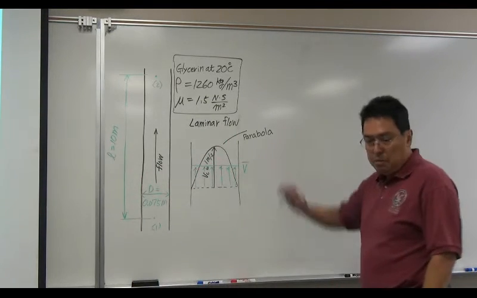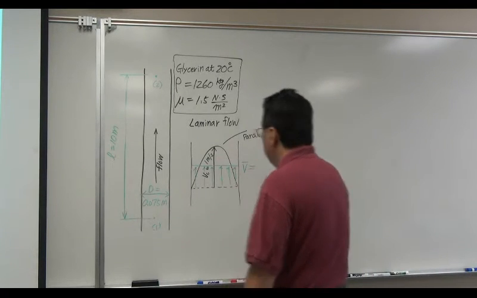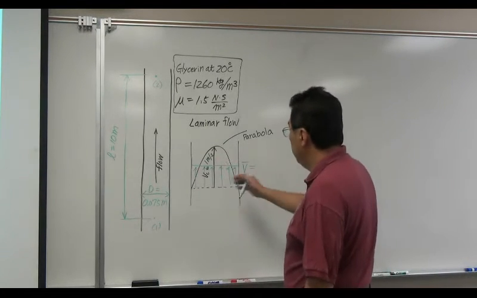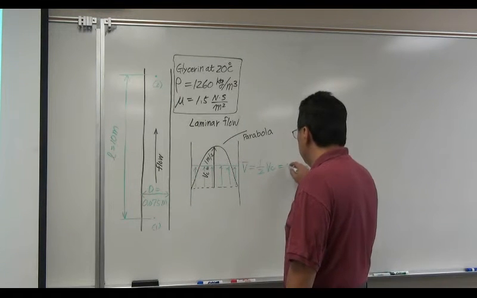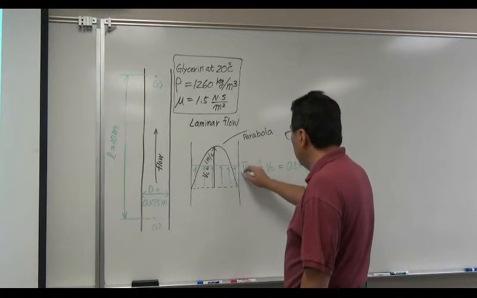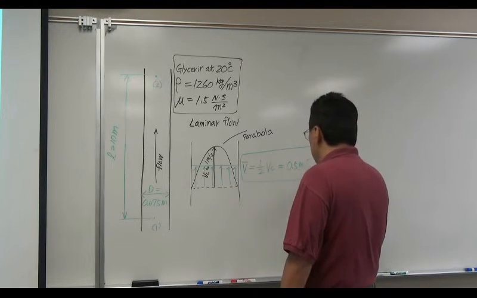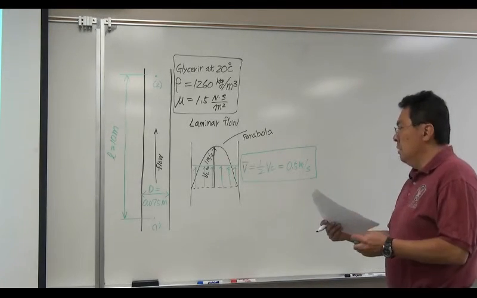This is V bar, called the average velocity. The average velocity of a parabolic velocity distribution is simply 1/2 of V_C, which is 0.5 meter per second. This is the average velocity across this laminar flow of the pipe.